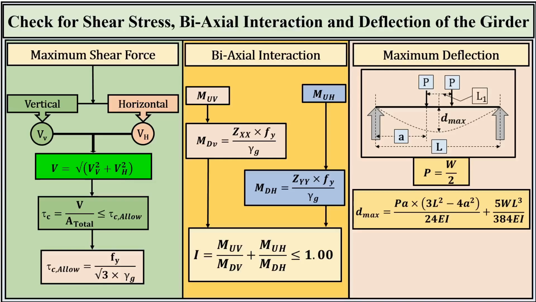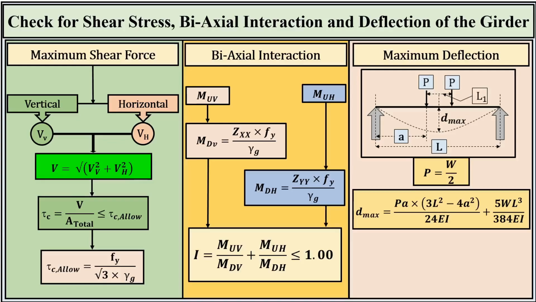The first part of the formula, P times A, divided by 24 times the product of E and I, multiplied by the quantity, 3 times L square, minus 4 times A square, calculates the deflection from the moving crane wheels.